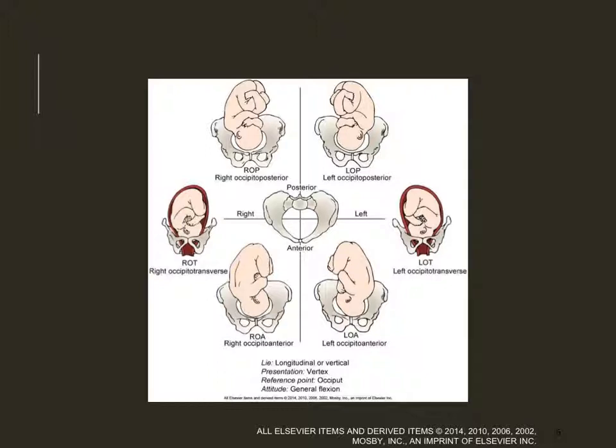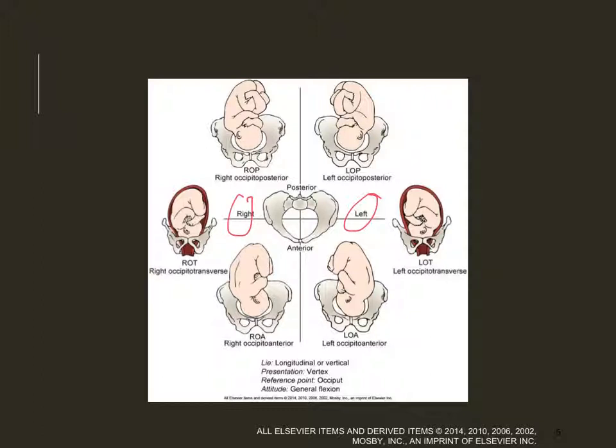So now we've come to the part where we are looking at the presenting part, and it's given as a 3-letter acronym. The first letter stands for the location of the presenting part. Is it to the right or to the left of the mother's pelvis? The middle letter stands for the specific presenting part.